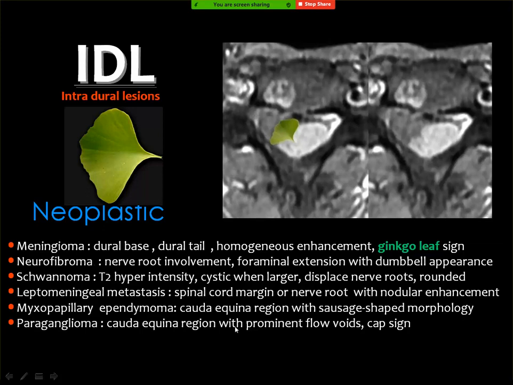Then you have other lesions that can exist inside the subdural space, including metastasis if you know that the patient had a primary malignancy. And one of the well-known lesions in this area in the lumbar region is the filum terminale ependymoma, which should also be included in the differential diagnosis.